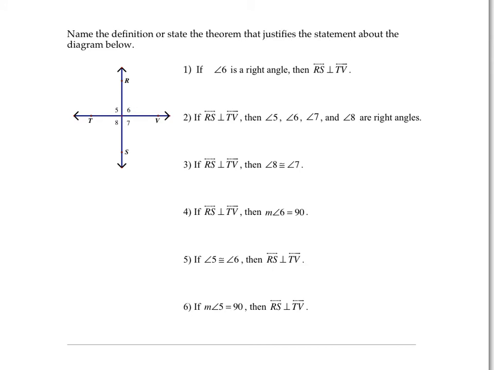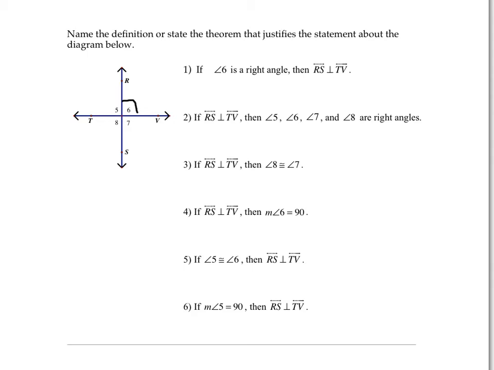The directions on our practice problems say, name the definition or state the theorem that justifies the statement about the diagram below. In number 1 it says if angle 6 is a right angle, then line RS is perpendicular to TV. So in other words, if we are given that angle 6 is a right angle, we want to know what allows us to say that those two lines are perpendicular.